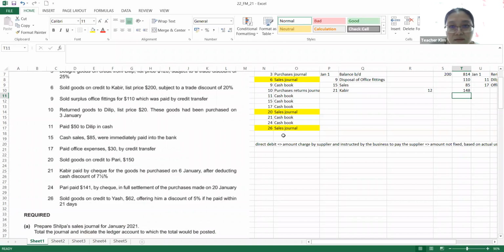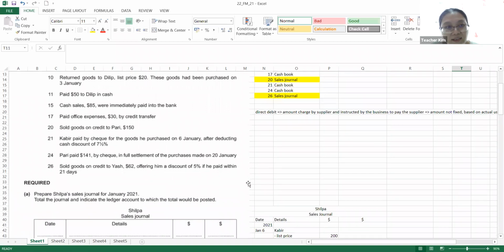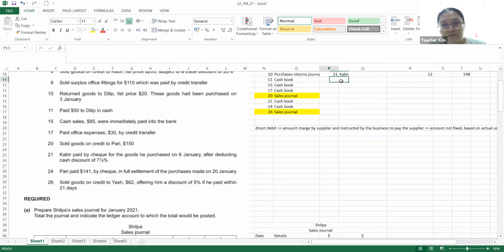Okay, the next one, 24th. Pari paid 141 by check in full settlement of purchase made on 20th. So made on 20th, 150. And this one, they didn't pay 150, they paid 141. Okay, let's put in 24 Pari. Pari bought 150, but when he paid, he only paid 141 by check.